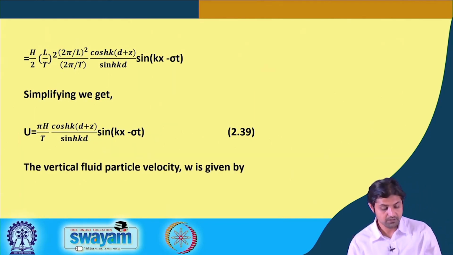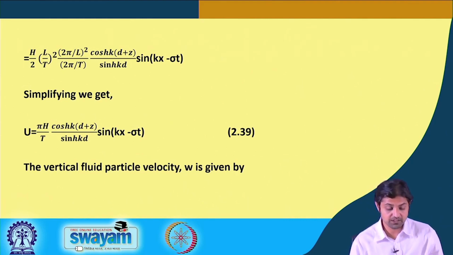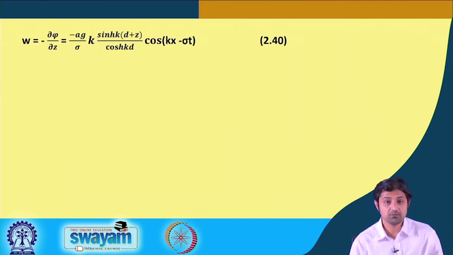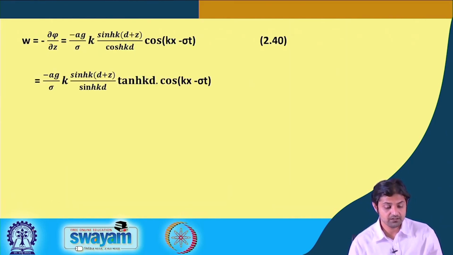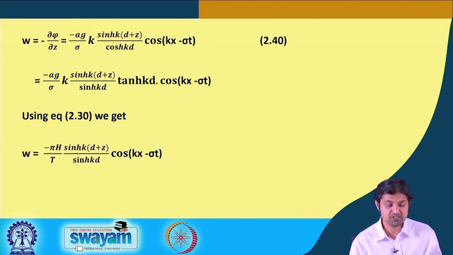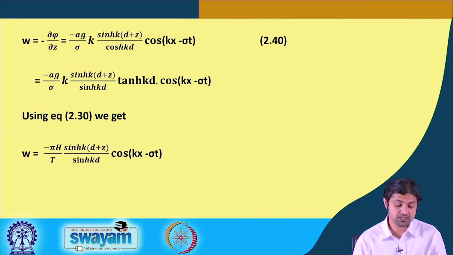And similarly, we can find the vertical fluid velocity, which is given by minus del phi by del z. Similar substitutions will give us minus pi h by t sin h k (d plus z) divided by sin h k d.